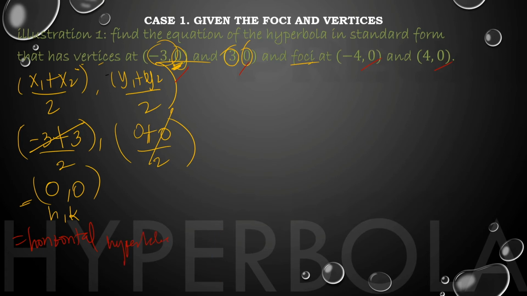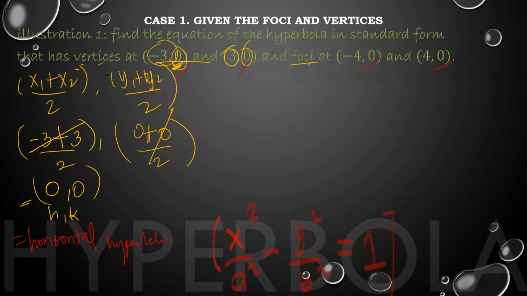So, ang gagamitin natin ng standard equation is yung x minus h, or wala na yung h natin, so 0 na yan. So, x squared over a squared minus y squared over b squared is equal to 1.